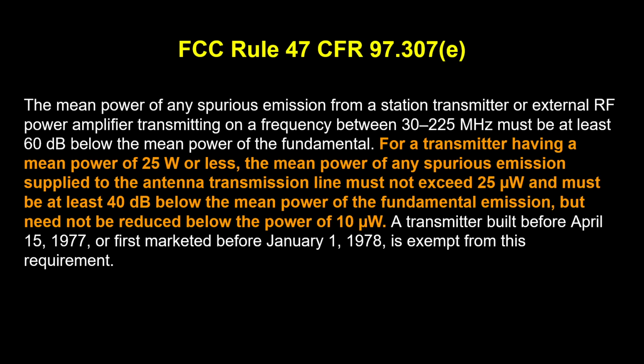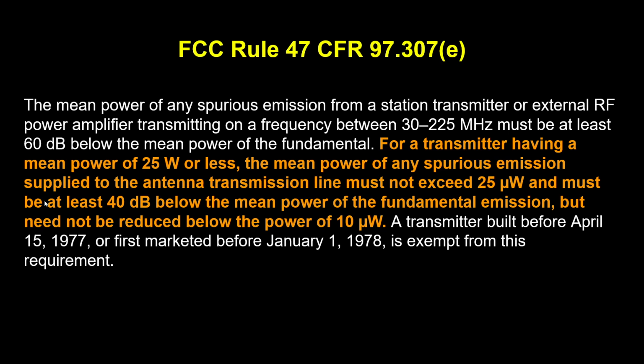The next rule talks about the higher frequencies. So that's 30 MHz to 225 MHz. The two bands that really fit into it are the 2 meter band and the 1.25 meter band. For those, if you transmit, it should be 60 dB or lower.